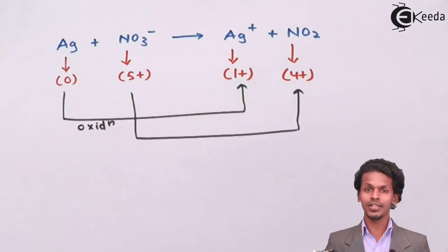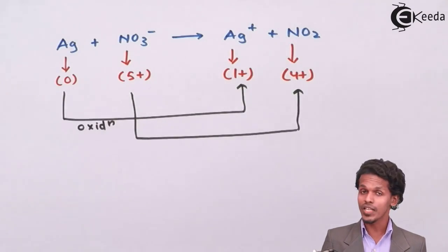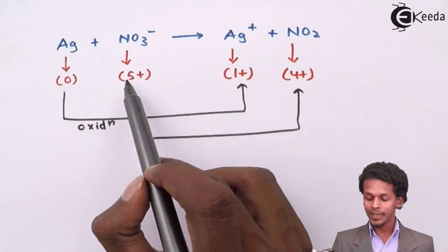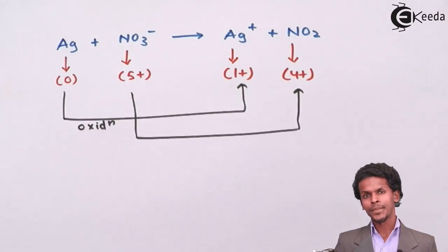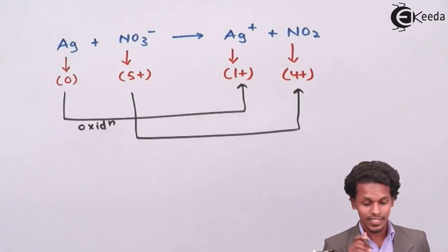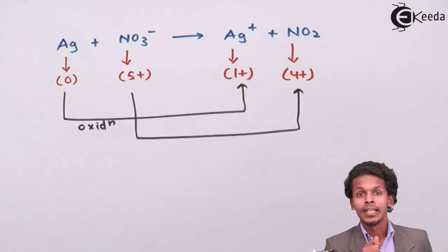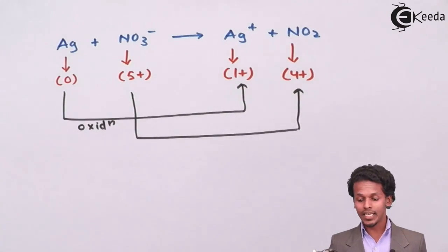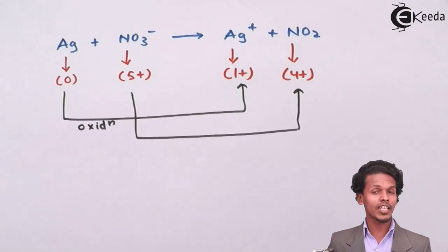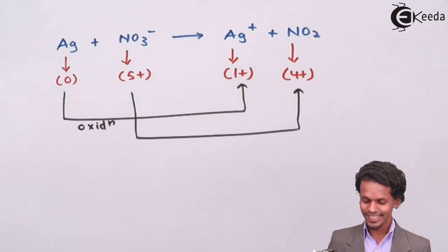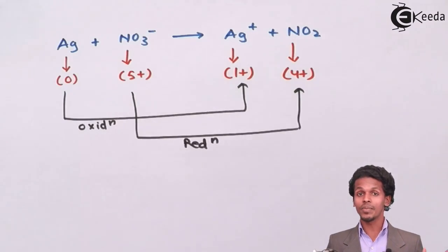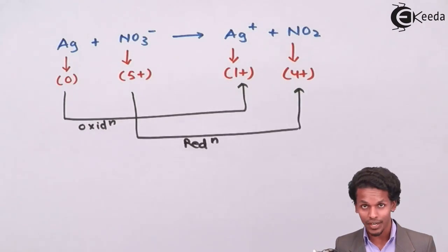It should be a reduction, but let us confirm. The nitrogen has an oxidation state of 5 plus and is converting into 4 plus. This means an electron has definitely been accepted by this nitrogen in the NO3 minus, and only then has it converted from plus 5 to plus 4. Because an electron has been gained, this is a reduction process, and hence we have confirmed that the given unbalanced reaction is a redox reaction.